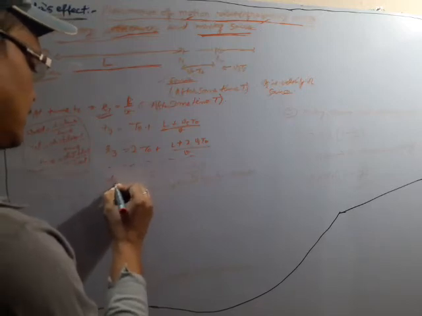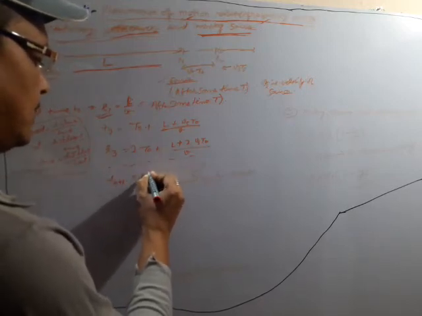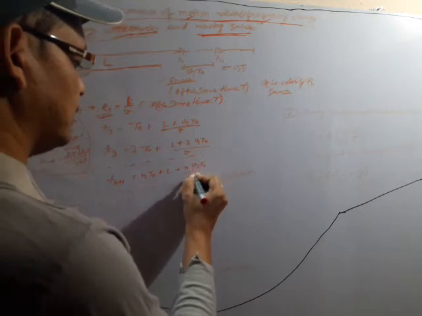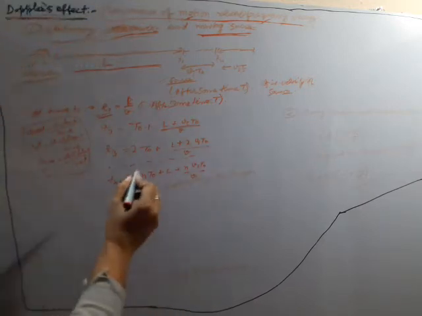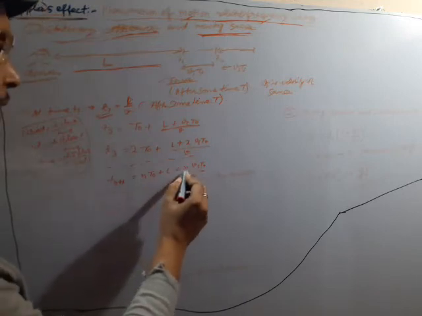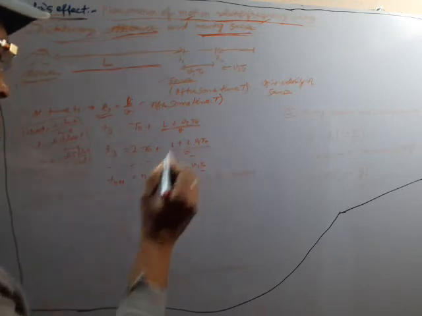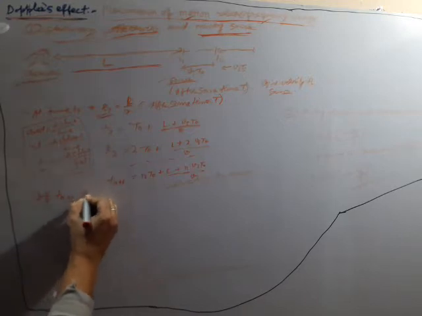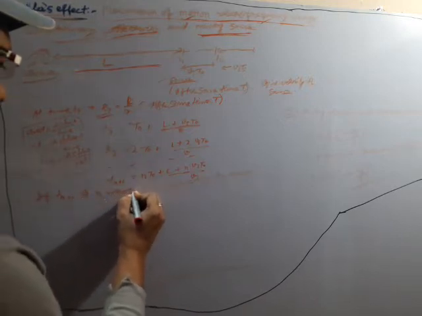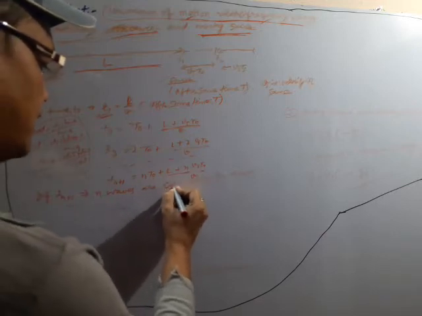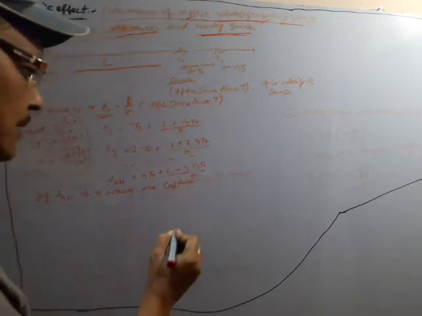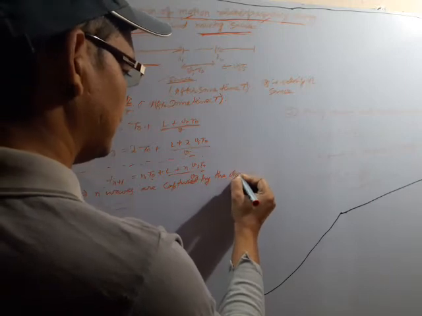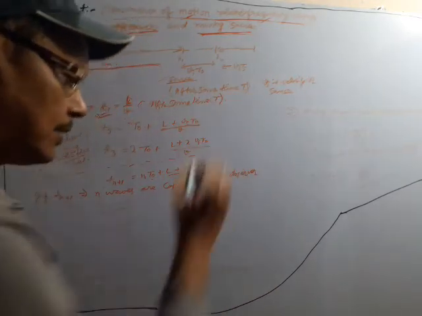Now next, Tn plus 1 is equal to n t0 plus L plus n Vs t0 by V. If n waves are captured by the observer, it means the observer is hearing sound.